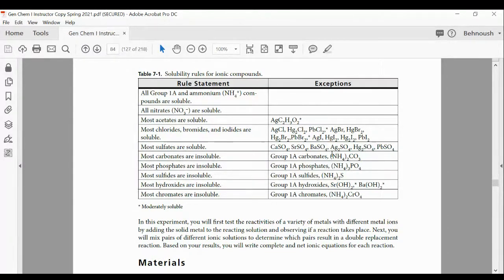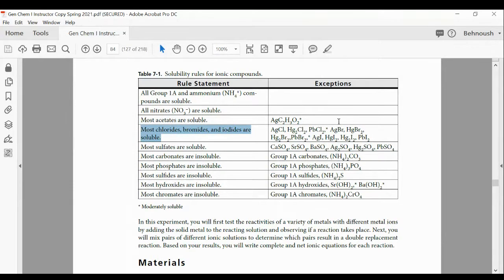So how do we know silver chloride is not soluble and that it forms the precipitate? If you look at this line here, it says most chlorides, bromides and iodides are soluble. So if most of them are soluble, why not silver chloride?